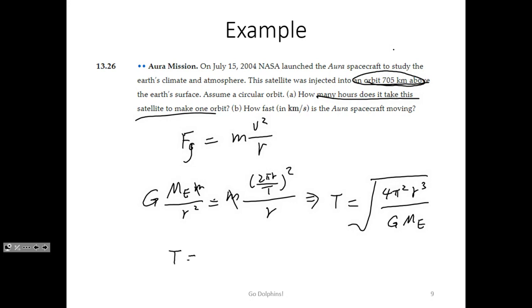Putting in all the numbers, I find that the time is 5.93 times 10 to the 3 seconds. And now it's your job to convert it to hours: 5,930 seconds converted to hours.